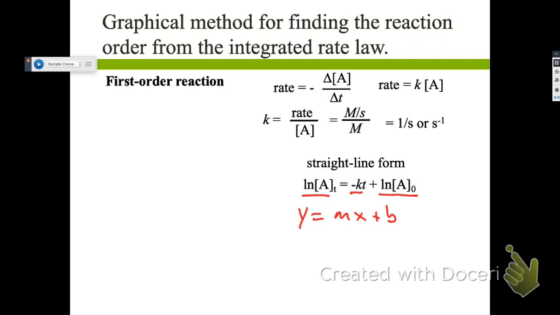Give me a time. 5 seconds. What is the natural log of the concentration at that point? 4.3. That's what you'll have here. So this will be 4.3 something. This will be 4.6 something. Your time will be the 5 seconds. And then your negative rate constant is your slope.